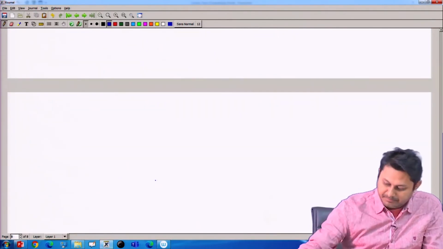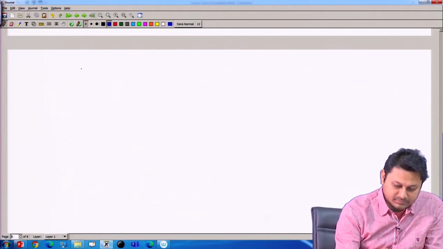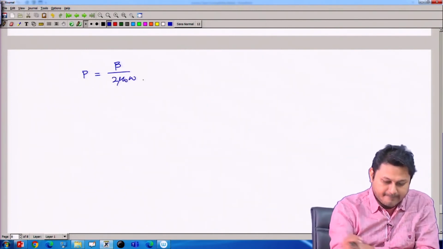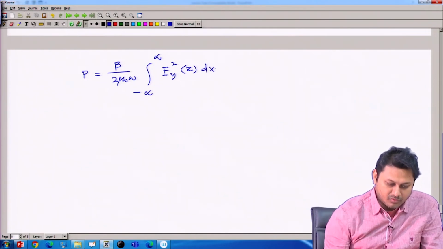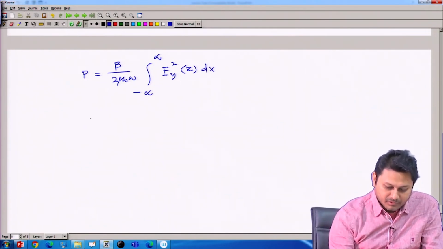Now, what I do is this. My power P is beta divided by 2 mu 0 omega, integration of minus infinity to infinity of E y square, which is a function of x, over dx. So, this I can divide into 3 parts.